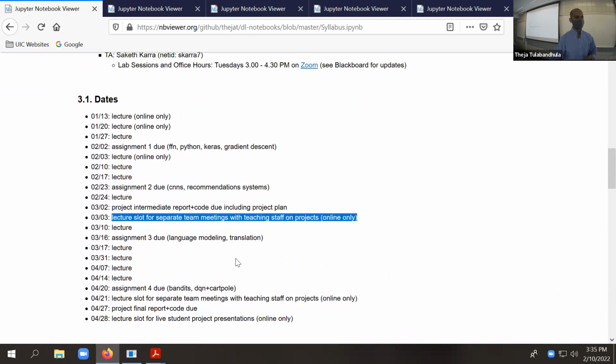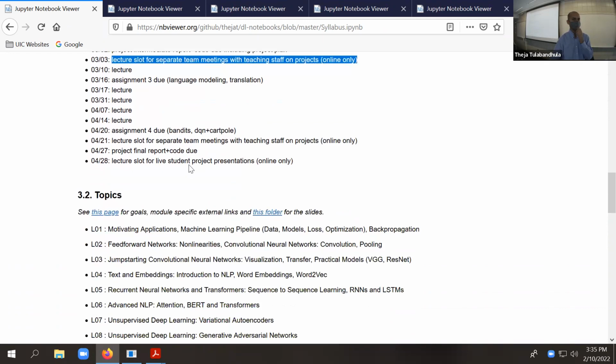Since the project is a huge component, there are actually 2 checkpoints to ensure that you have your code running, you're not facing computational issues or issues handling large data sets, and you're able to achieve something tangible by the end of the course. So that's a quick note about that.